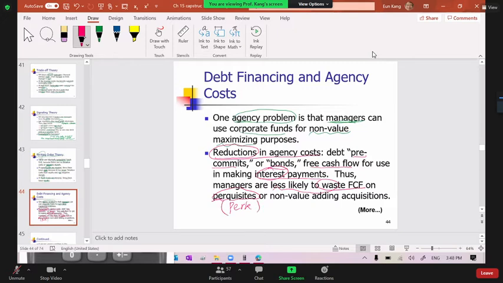Perks are what I said, like a big airplane, corporate jet, or very precious golf club membership, all those things. That is perk. Rather than wasting money on that or on non-value adding acquisitions. I told you that if you acquire companies, then your company becomes big.